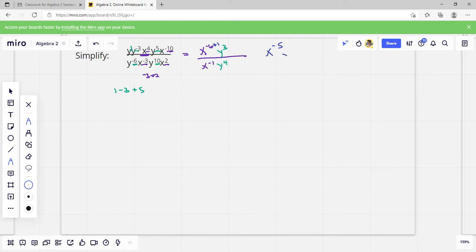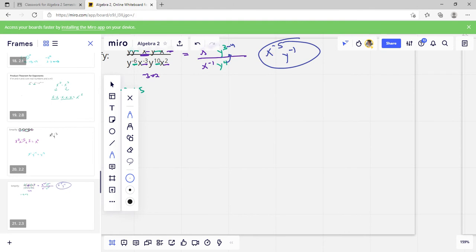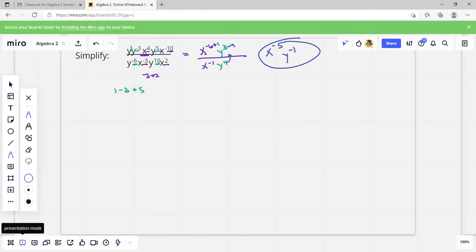And our y, this positive 4, when it goes up to the top, it's going to become a negative 4, right? So 3 minus 4 will be y to the negative 1. And that's the answer to that. All right, so your last step is going to be bring everybody up to the top.